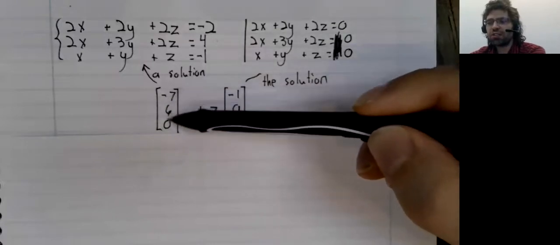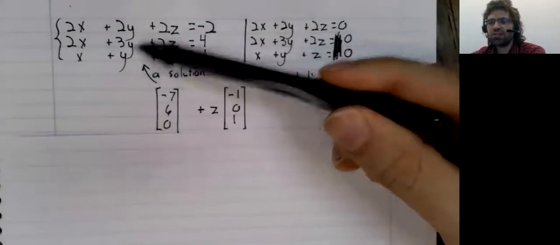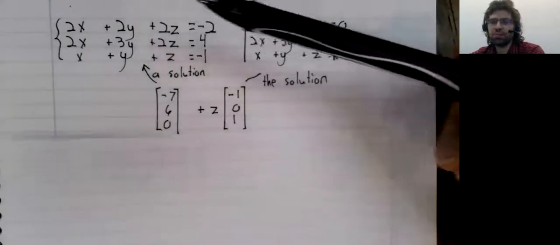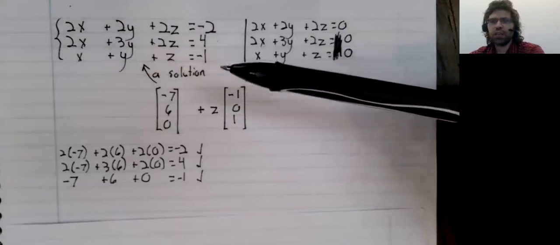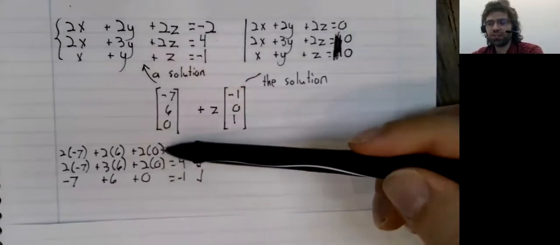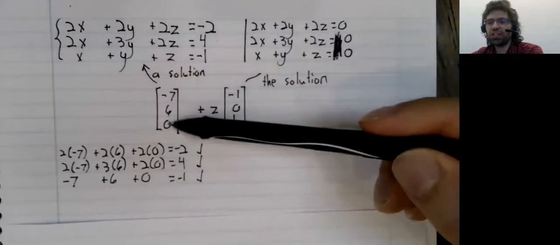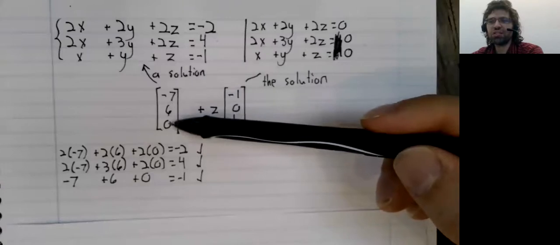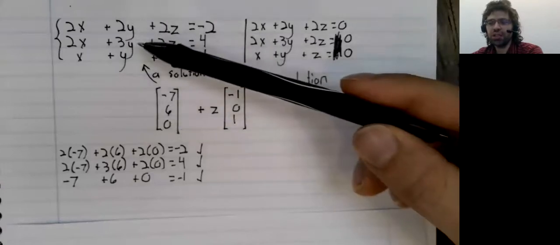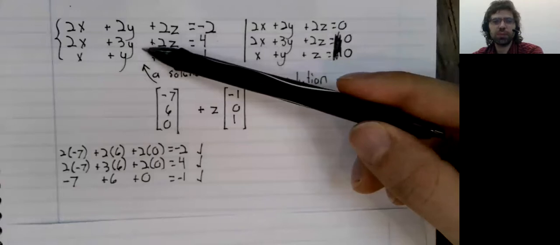We can verify that this is the case. Plug these numbers into this system, and we get three true statements. So this really does represent a solution to this system.